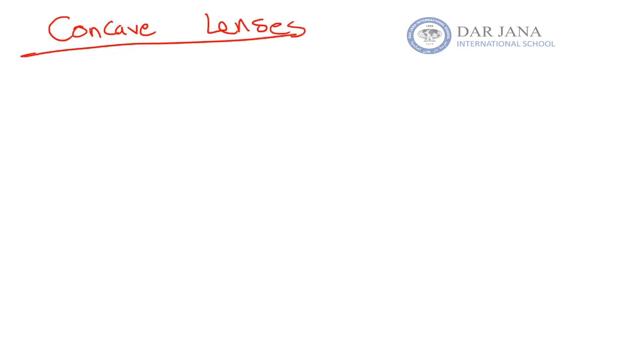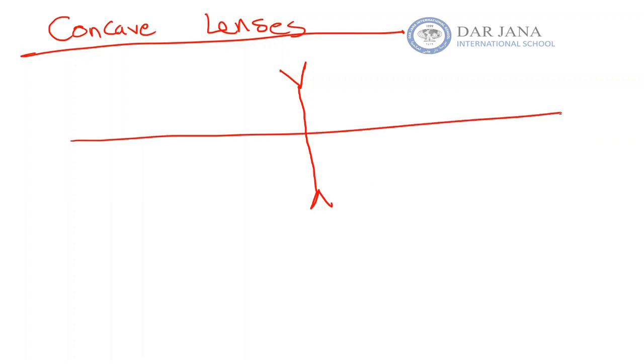Now for the concave lenses, we have only one single case. It's easy to memorize. So that's a concave lens. As you see, it's thick at the edges. That's the principal axis. Let's say this is F and 2F.